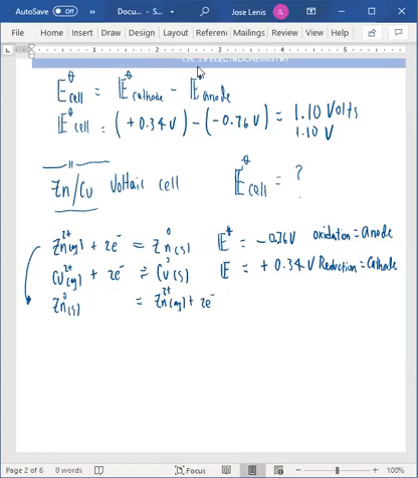So the standard potential of the cell, since we reversed it, is now plus 0.76 volts. And this is the oxidation, at the anode.